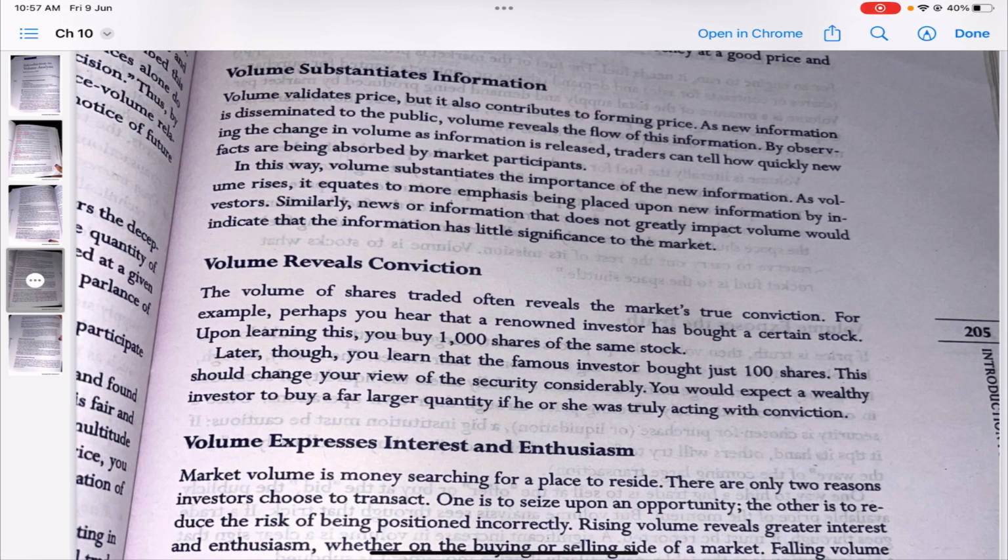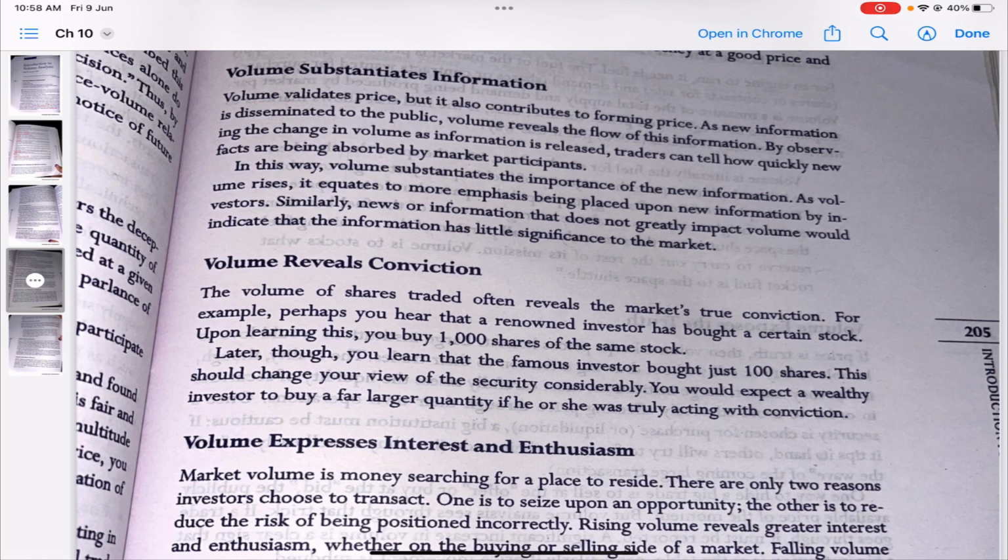As the volume rises, it equates to more emphasis being placed upon the new information by investors. Similarly, news or information that does not greatly impact volume would indicate that the information has little significance to the market. So new facts or news that come into the picture will be seen in the volume as well.